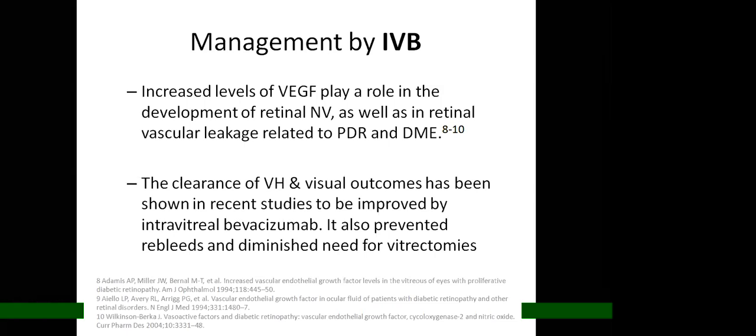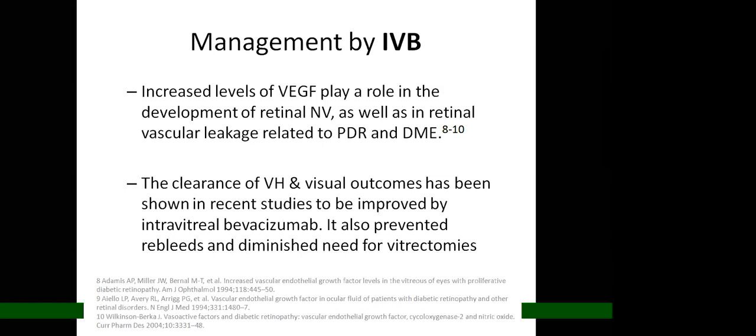So we know increased levels of VEGF play a role in the development of retinal neovascularization, as well as retinal vascular leakage related to diabetic retinopathy and DME, and the clearance of vitreous hemorrhage with an improvement in visual outcomes has been shown to be improved by intravitreal bevacizumab as well as other anti-VEGF agents.